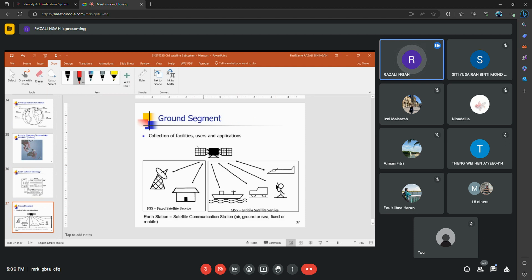This refers to the ground segment, to the user. The user can be fixed or mobile. Mobile can be an aeroplane, a vehicle, a ship, or a pedestrian. So that's all for the satellite subsystem.